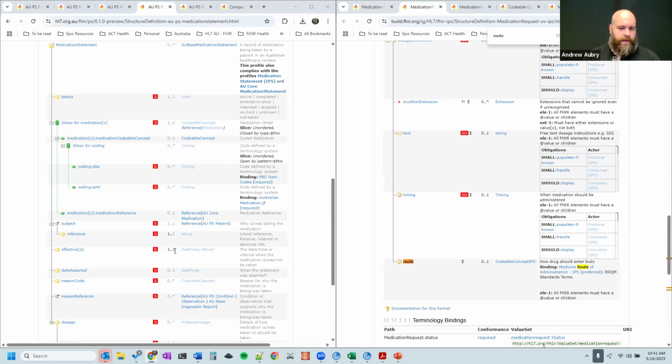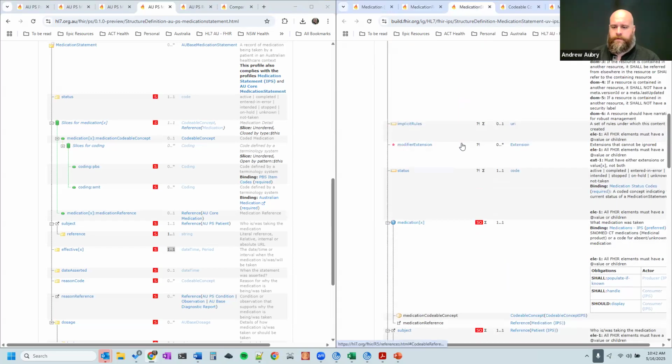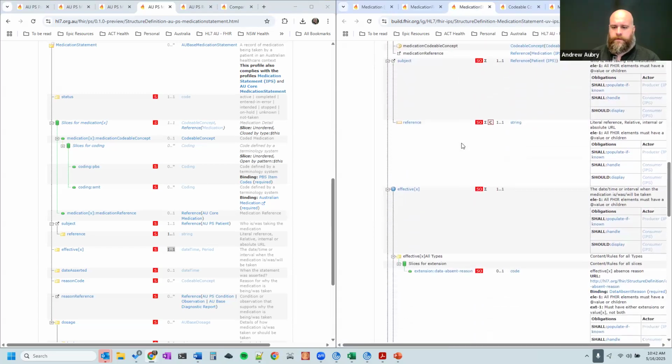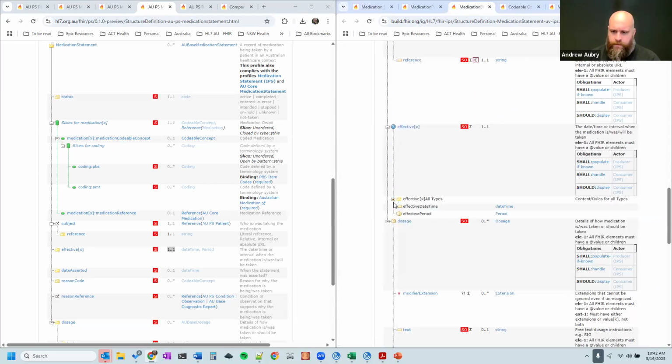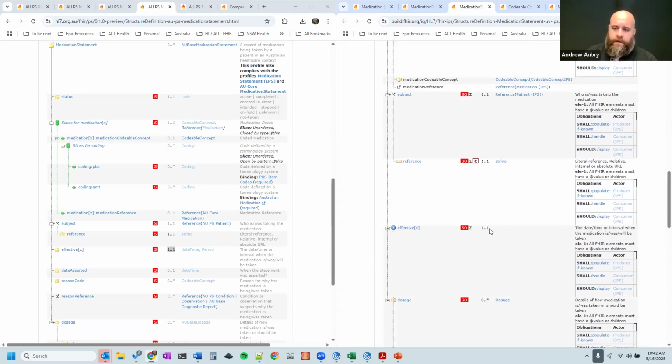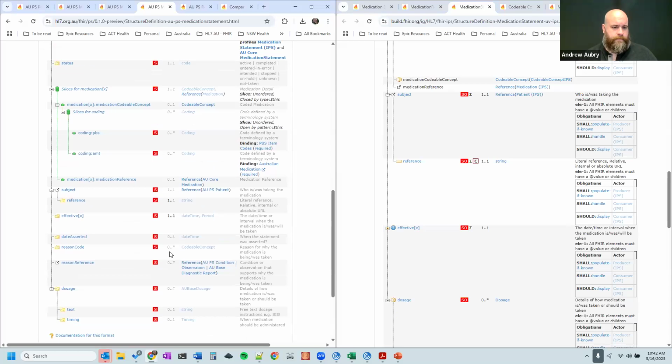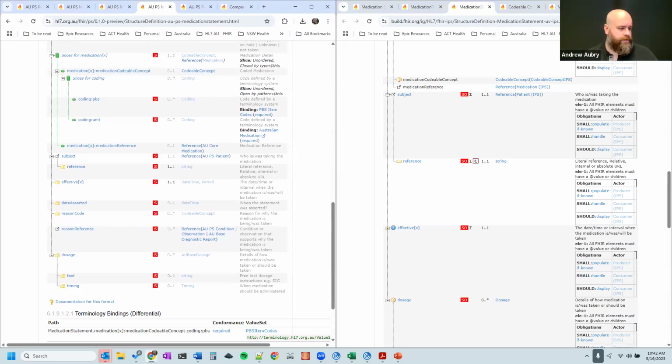We do pick up an effective element as mandatory from IPS. So that element now becomes a mandatory element, so it must be included, whereas in AU Core, effective is not a mandatory element.